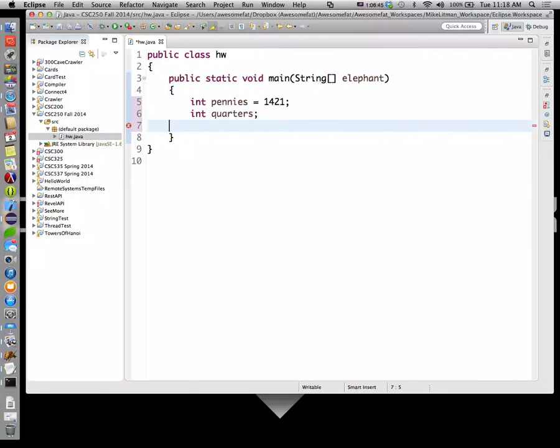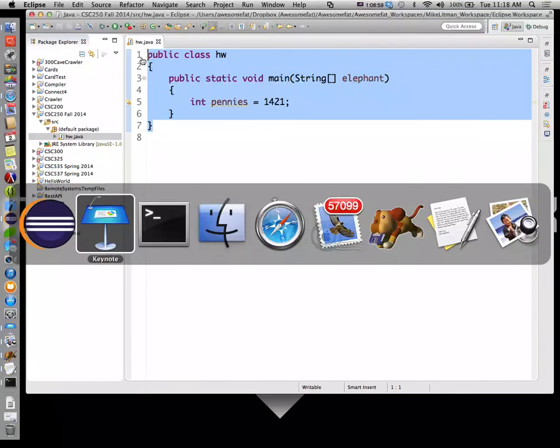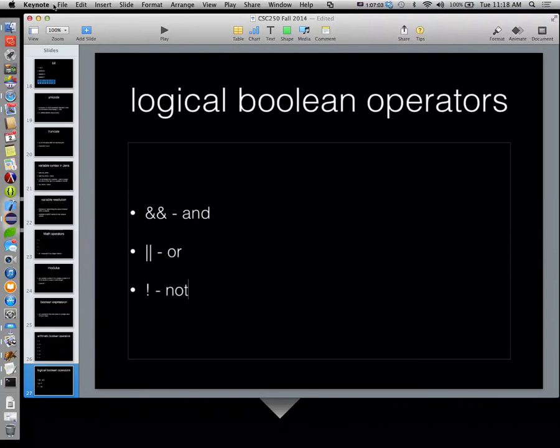I should do this. Here, we'll actually just start with this. For your homework, I'll say it, then I'll type it in after you guys leave.